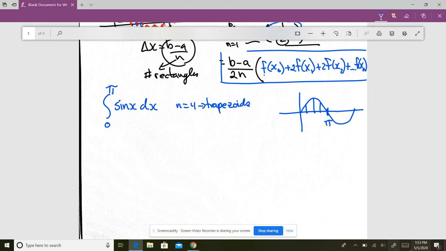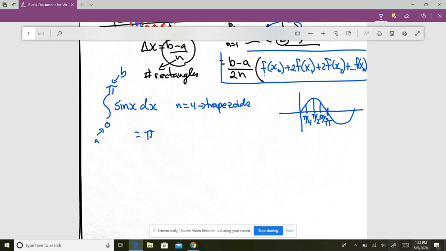We're going 0 to pi, so that would be pi over 2, that would be pi over 4, and that would be 3 pi over 4. And fit it in. So we go b minus a, which are our endpoints. That's b, that's a.